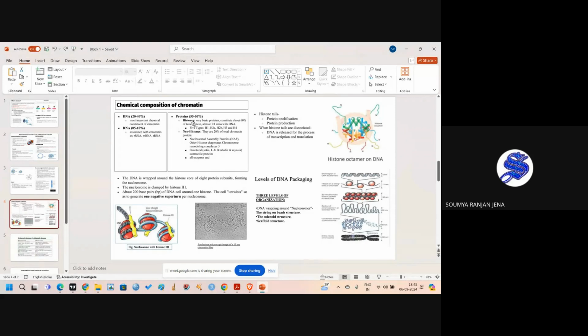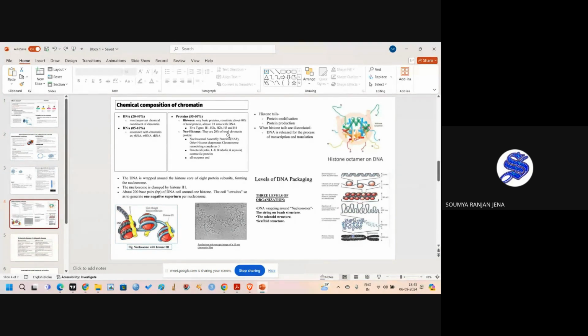Then proteins, which proteins? Now we can discuss the histone proteins. These are very basic proteins and constitute about 60% of the total protein, almost a 1:1 ratio with the DNA. And these histones are of five types: H1, H2A, H2B, H3, and H4.